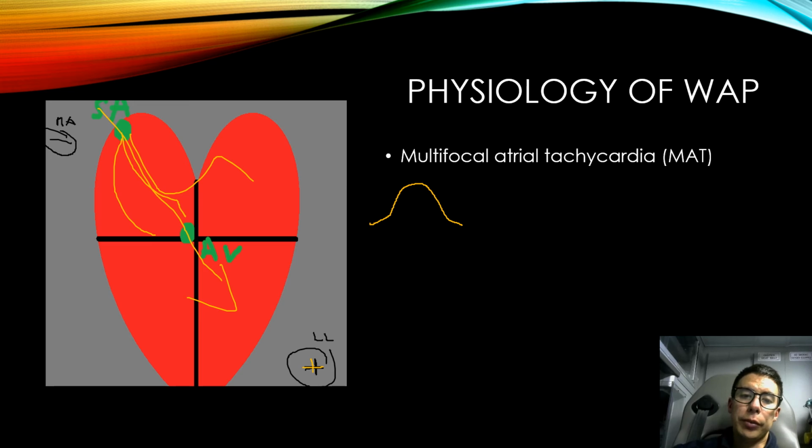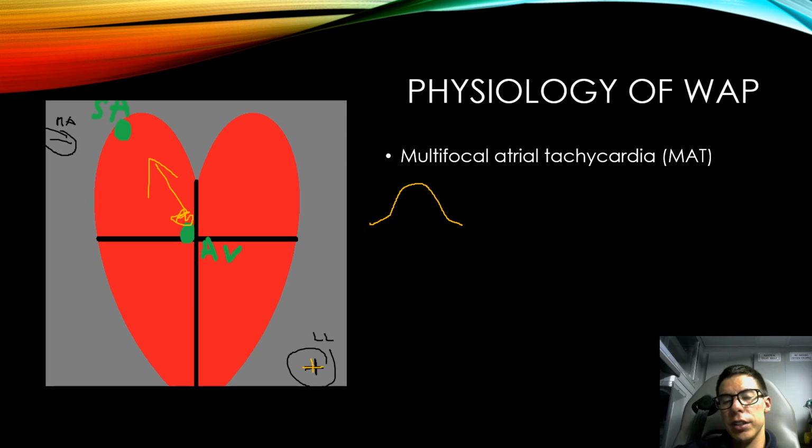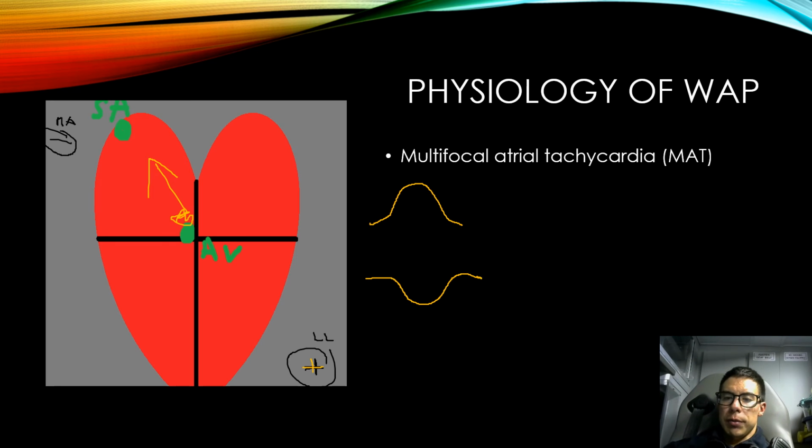Now, when we have that low atrial pacemaker site, such as right here, and we get that retrograde conduction, then the electricity is going from a positive towards a negative, which instead causes a negative deflection. So sometimes you'll hear people say that some P waves look like a low atrial pacemaker.